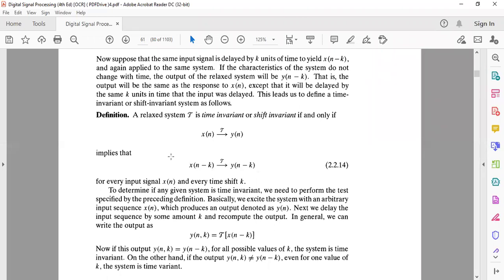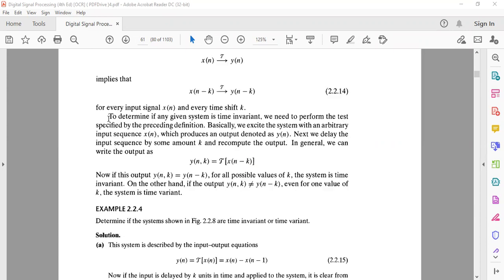If a shift in the input appears in the output, then we say that the system is time invariant. So for every input signal x(n) and every time shift k, the time shift applied to the input also appears in the output of the system.